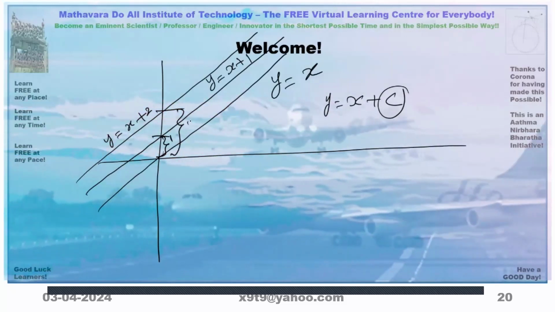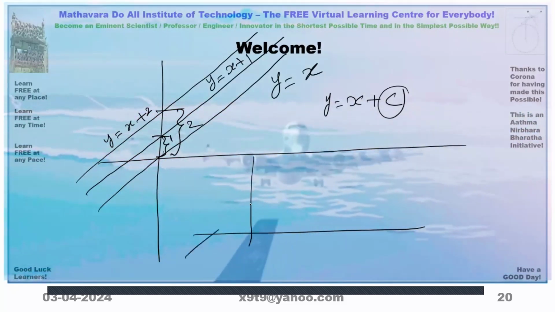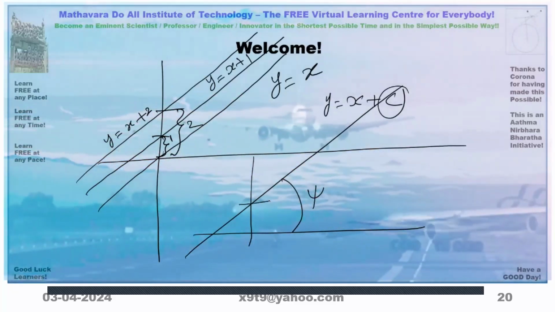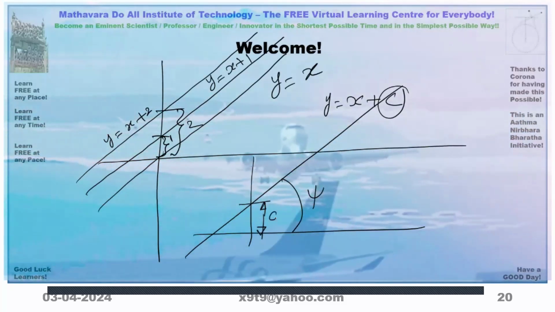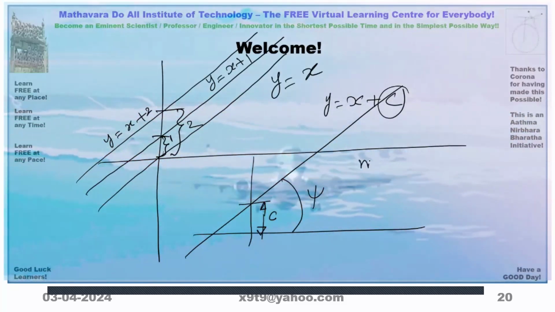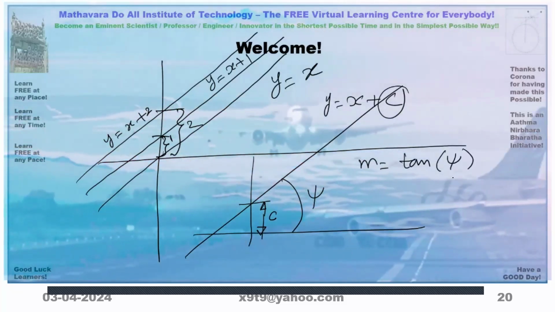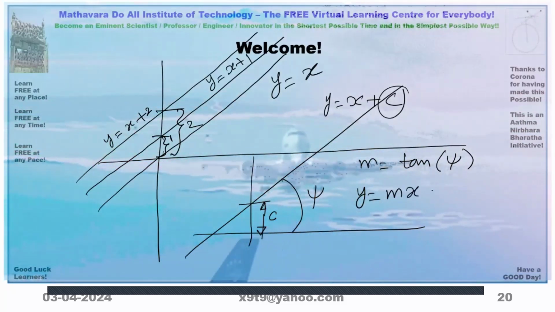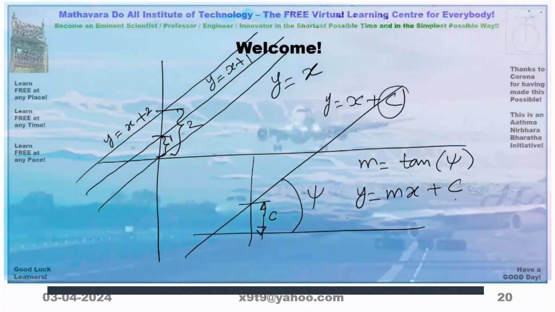So this is 1, this is 2. If it goes like that, this angle is psi, this height is c, and m is tan of psi. So y is equal to mx plus c. So c gives the y intercept.